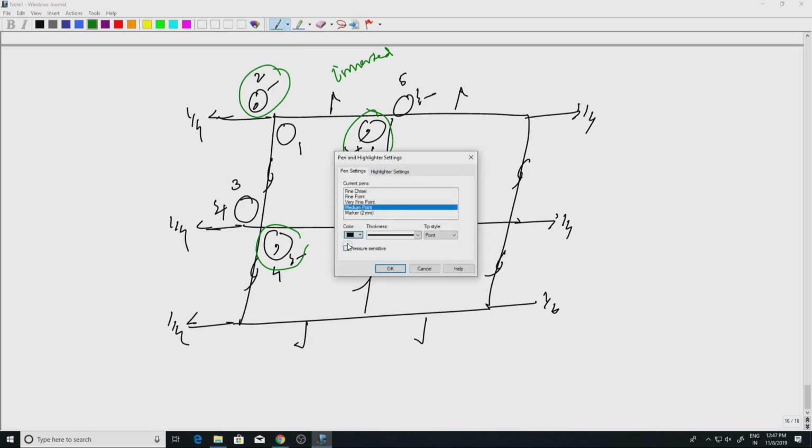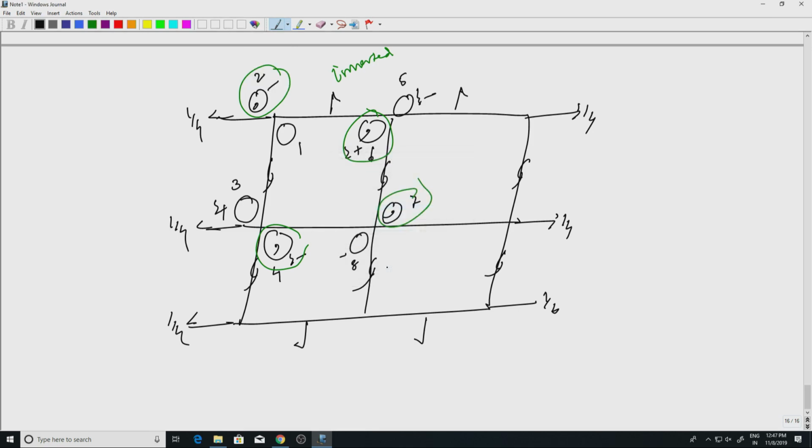Now we can see that 1 and 7 are related by a glide.